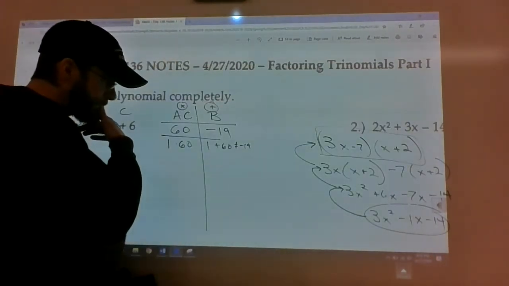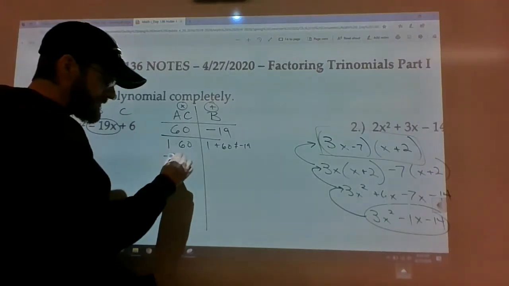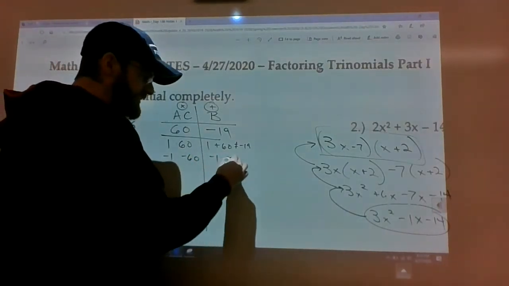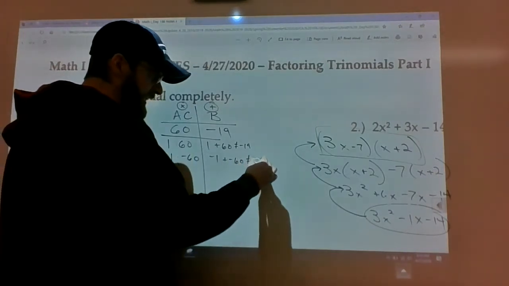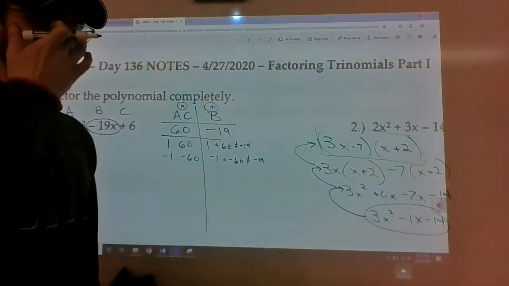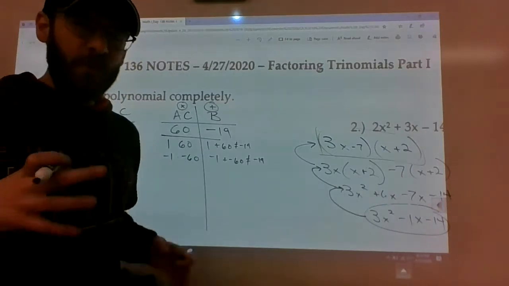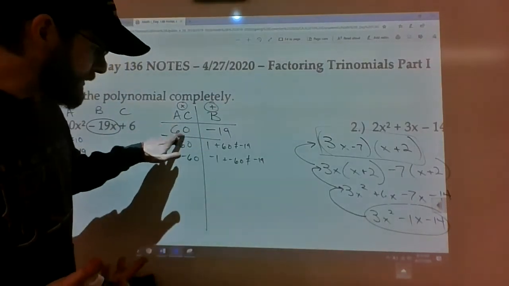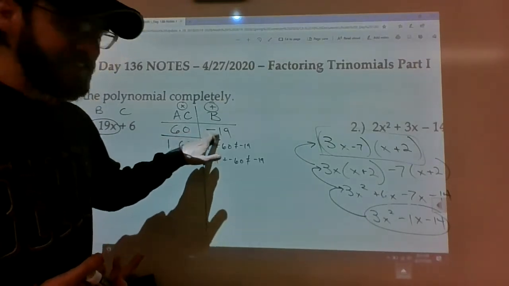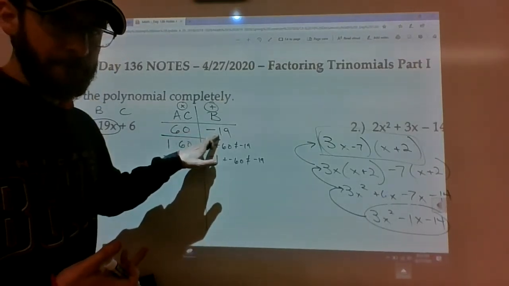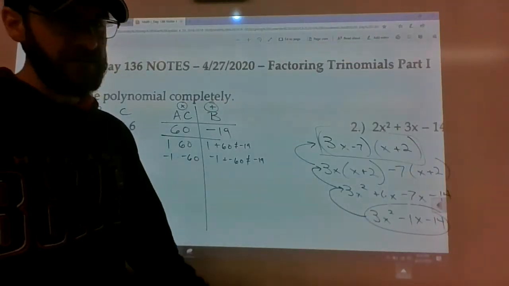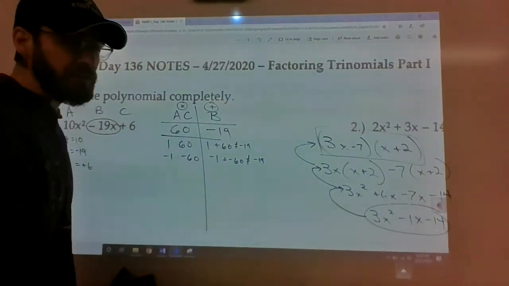Negative 1 times negative 60 also gives us 60, but negative 1 plus negative 60 does not equal negative 19. So the idea here is we're finding the match of what multiplies to give me 60 and adds up to give me negative 19. And you can write the whole list of factors of 60 if you want to.